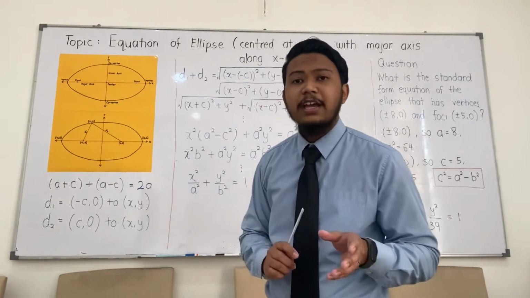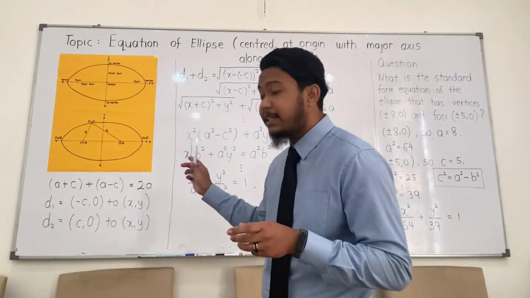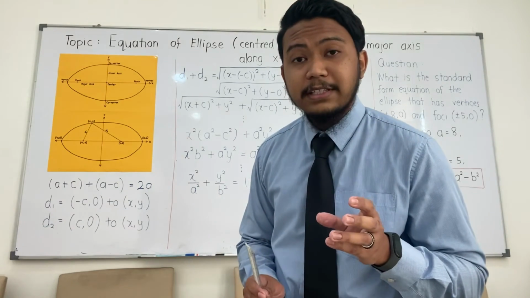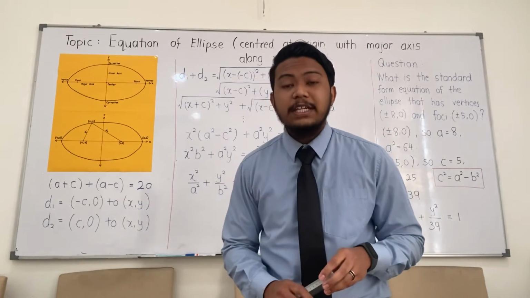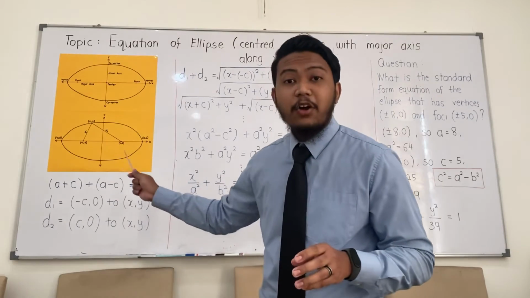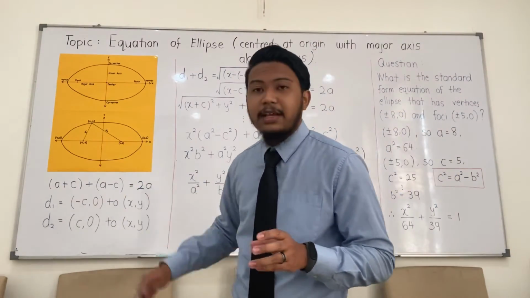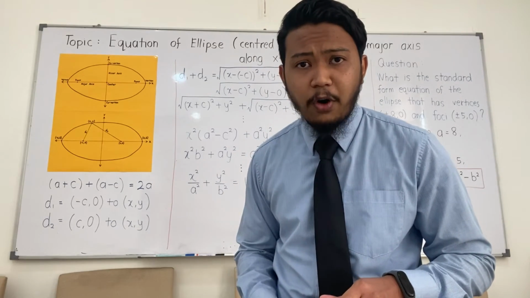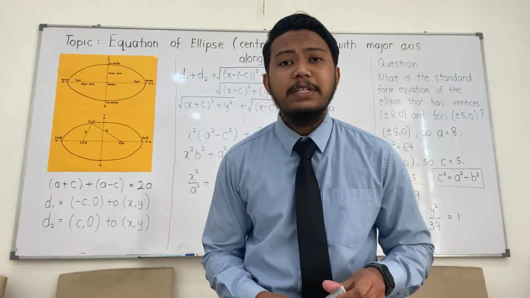Then we know that the length for the minor axis is 2b, and the coordinates for co-vertices are 0, plus minus b. And lastly, the coordinates for foci are plus minus c, 0, with the equation for ellipse c squared equal to a squared minus b squared.